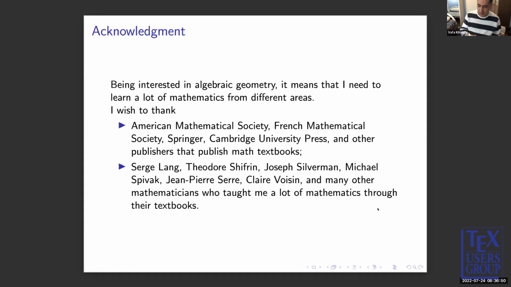So being interested in algebraic geometry, it means that I need to learn a lot of mathematics from different areas. I particularly want to thank the American Mathematical Society, French Mathematical Society, Springer, Cambridge University Press, and other publishers that actually publish mathematics textbooks. What I like about the American Mathematical Society is that they have three series of math textbooks that I'm interested in.